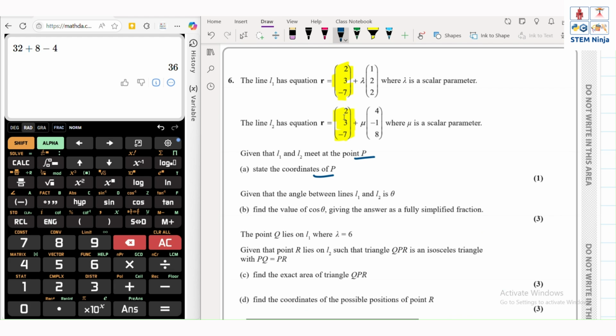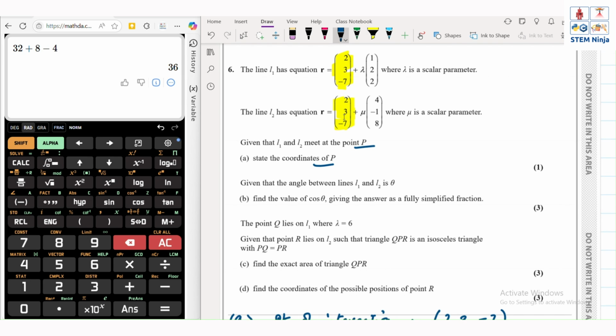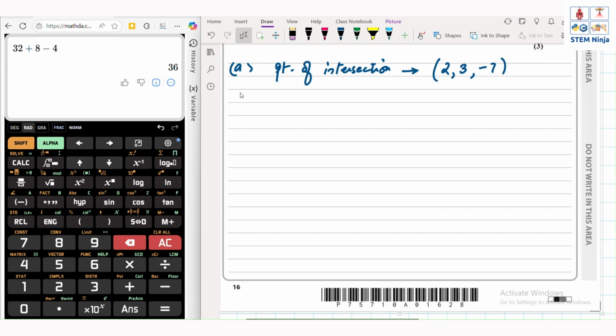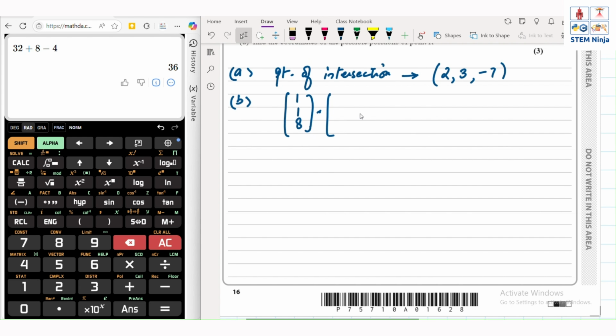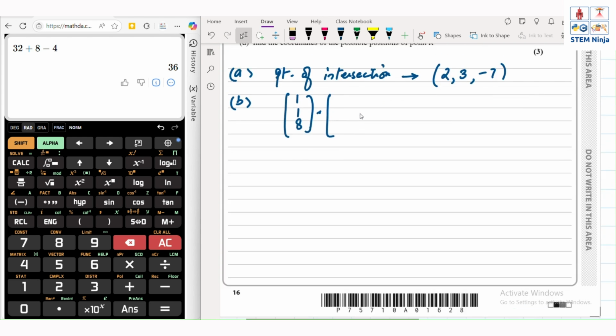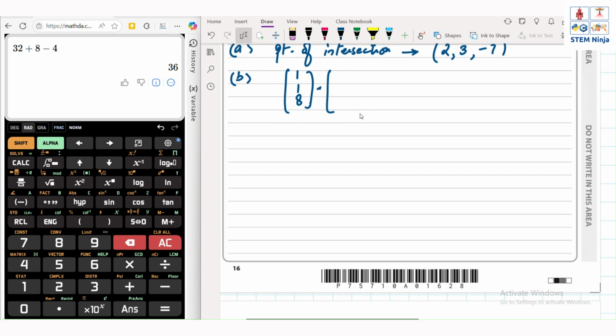Given that the angle between the lines L1 and L2 is theta, find the value of cosine theta, giving the answer as a fully simplified fraction. So whenever we want to find the angle between two lines, we just need their direction vectors. So we need the dot product between their direction vectors: (1, 2, 2) and (4, minus 1, 8).